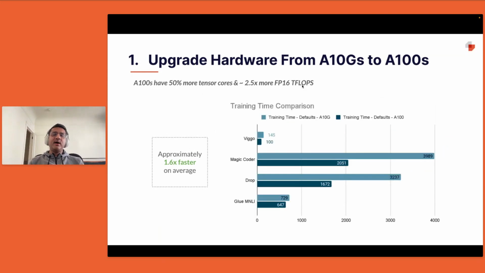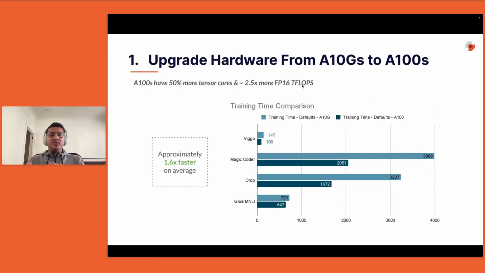And it turns out that in general, the hype around better compute is very real, right? A100s compared to A10Gs that we use, which have about 24 gigs of VRAM, A100s have 50% more tensor cores, can do floating point operations about 2.5 times faster compared to A10Gs, and also have about 3x the GPU VRAM, all of which are very desirable characteristics of any hardware.